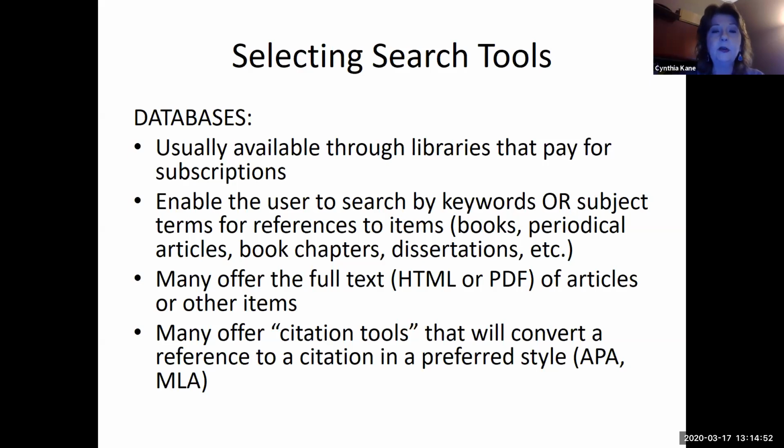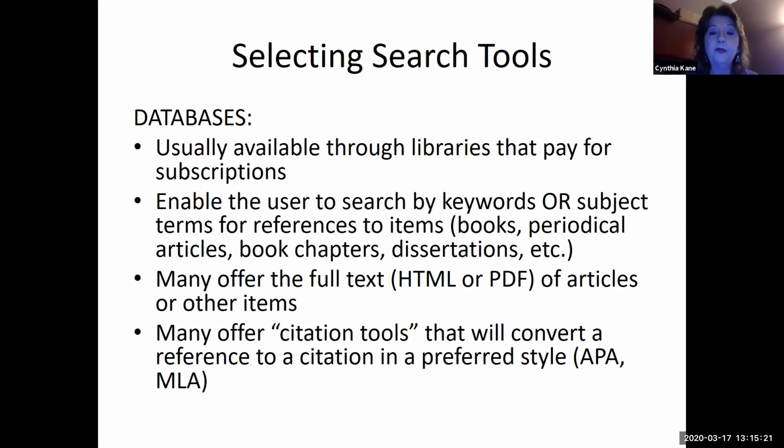In that case, you may be using a database called CINAHL, and it's actually CINAHL Complete or CINAHL with full text. That database actually contains a lot of full text of nursing journal articles. So those are examples of selecting the most appropriate databases for your information need. Now, those databases are available through libraries that pay for subscriptions. They're going to let you search by keyword or by subject terms. Again, we'll be looking at that in just a second.